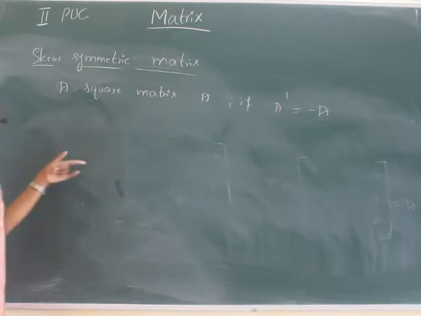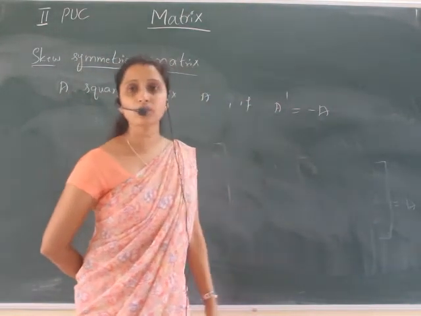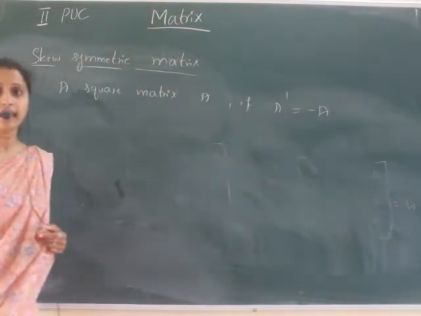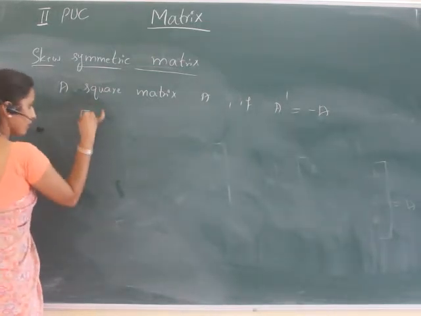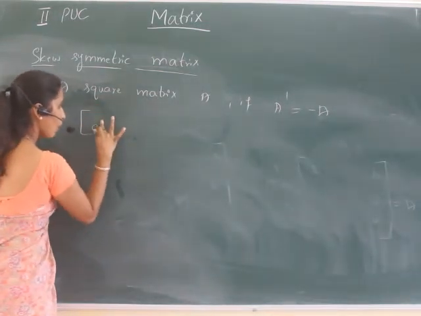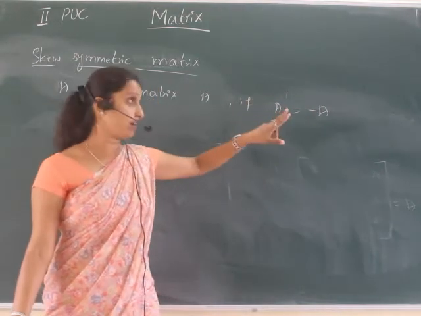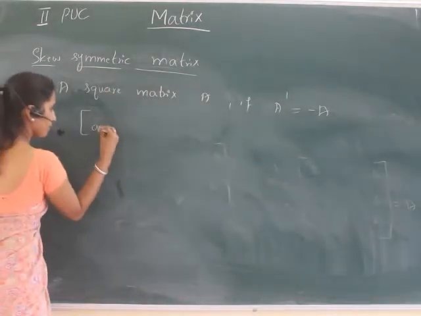If this is the condition, A transpose is equal to minus A, and I consider any element, usually we take the element as Aij. A transpose means rows and columns are interchanged, so I can take it as Aji.